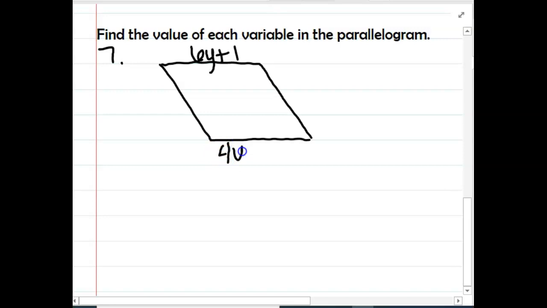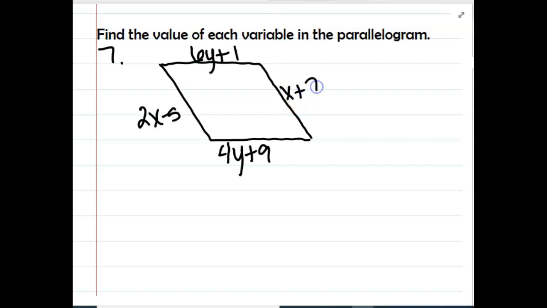The bottom is 4y plus 9. The left is 2x minus 5, and the right is x plus 7. All right, so I know we're all really excited to do another systems of equations, so let's see what kind of equations I can write.